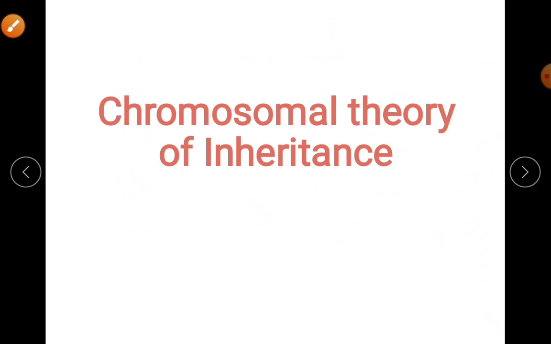So, the chromosomal theory. Now we are coming to an important concept. Till now whatever we studied was totally mathematical. You have understood about ratios, you have drawn the Punnett square, you are guessing that this is the cross, this is the feature, phenotype, genotype we are saying.